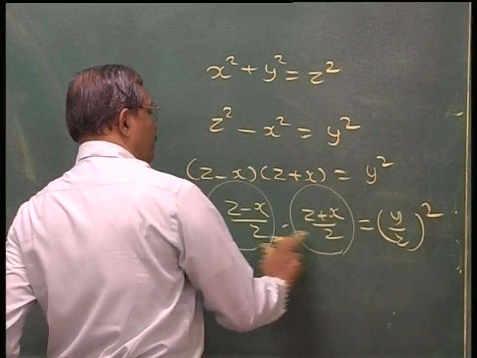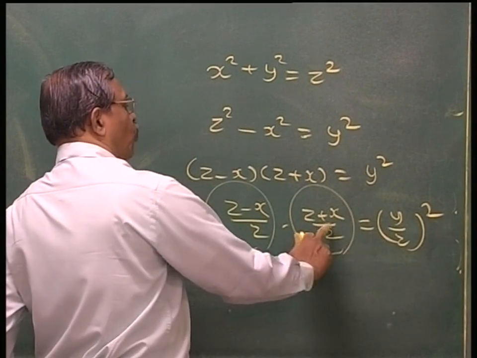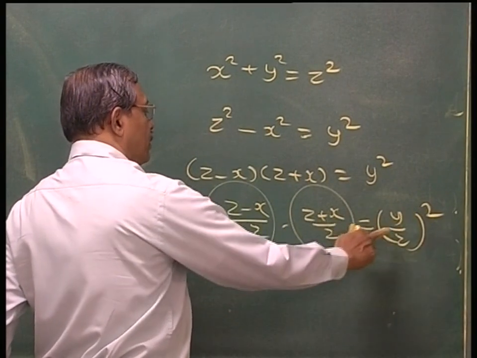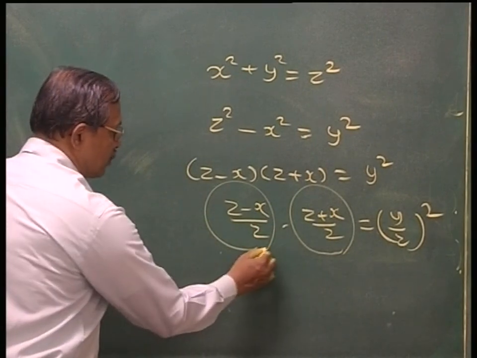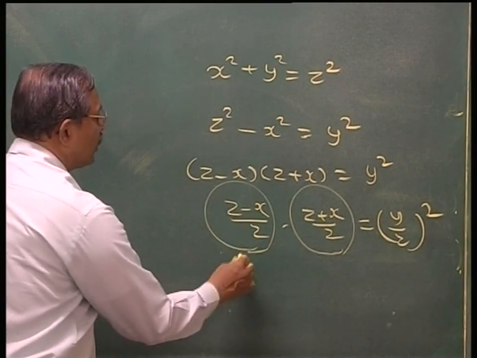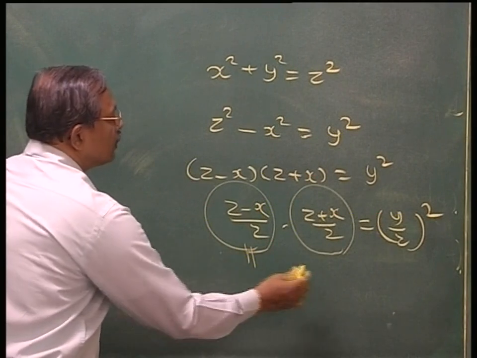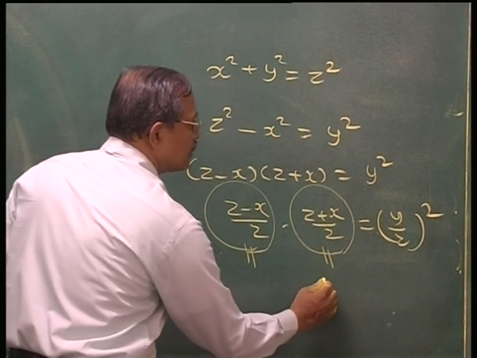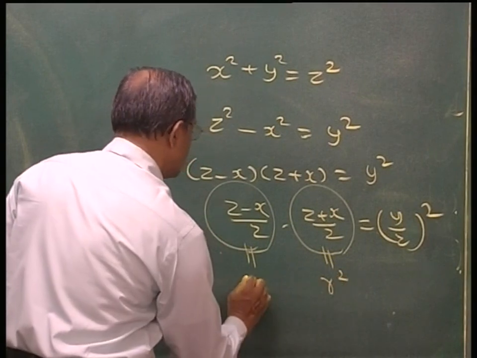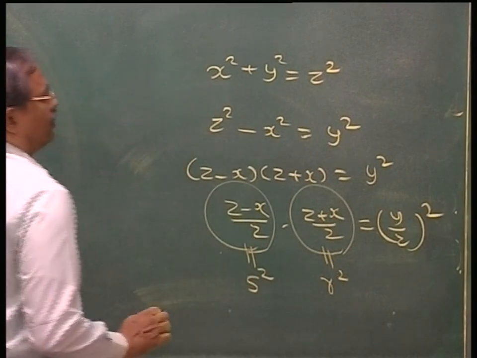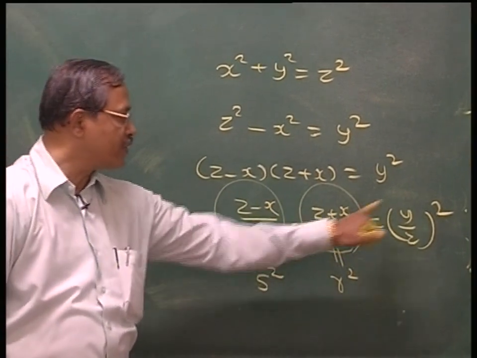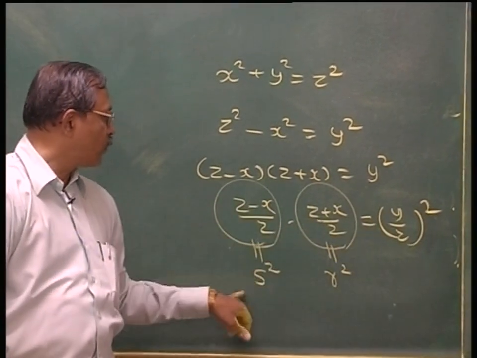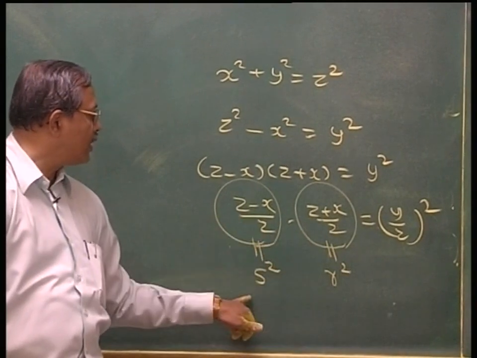So the product of two integers which are co-prime is a square, then each of them should be a square. That's what can be proved. And so this we can write as r square and this as s square.